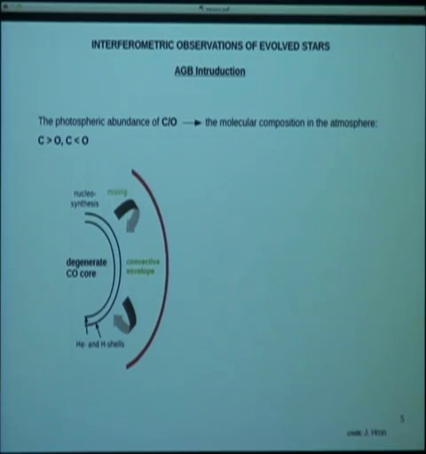Those two layers are surrounded by a convective envelope. The photospheric abundance depends on the ratio of carbon and oxygen, so the molecular composition in the atmosphere depends on the more dominant element. Stars where carbon is more dominant we call carbon-rich stars, or otherwise oxygen-rich stars.